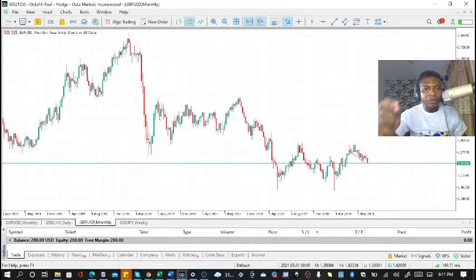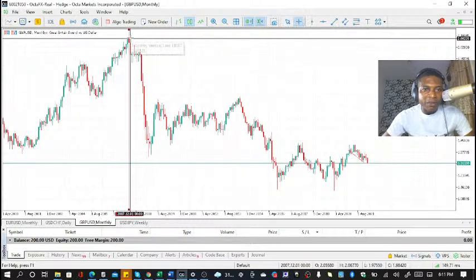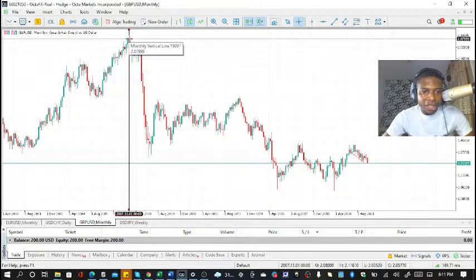Okay, so let's come to this place. Can you see where I drew this red line? This red line is 2007.